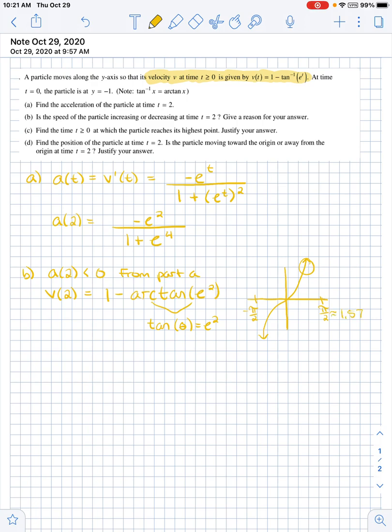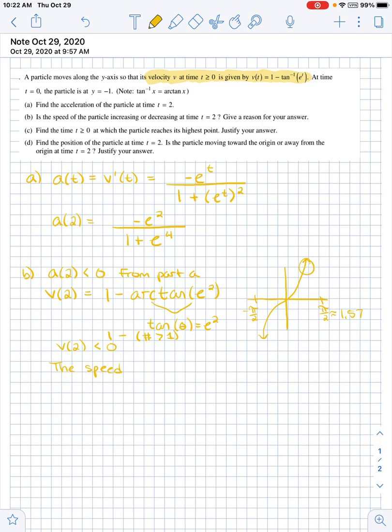A lot of you reasoned your way through it in different ways. But what I can say then is that this is 1 minus a number greater than 1. Some of you said it this way, which would mean that the velocity will also be negative at time t equals 2. Now comes the reasoning for your answer. The speed of the particle is increasing. Not it is increasing.